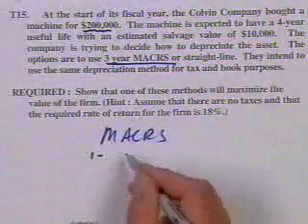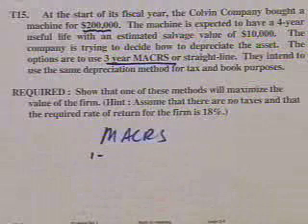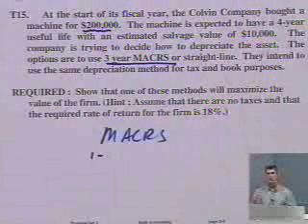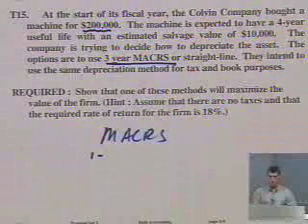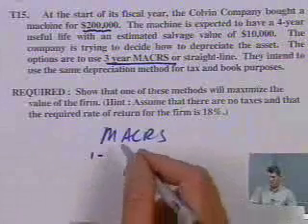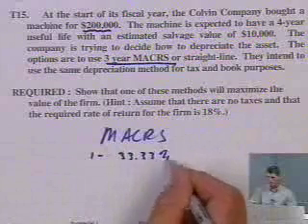The schedule is included in the notes, which is why it's not included in this particular question. If this were a test question, I would be giving you the MACRS schedule. I do not expect you to memorize all the various depreciation schedules for the MACRS accounts. But in any case, year 1 is 33.33%.